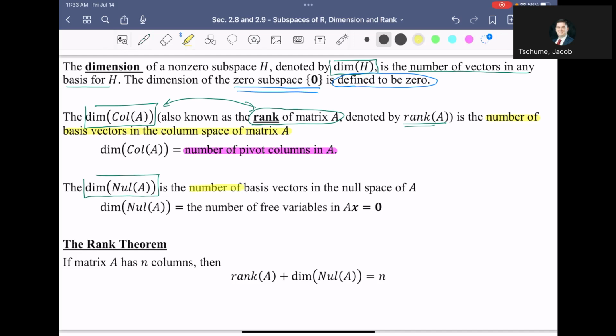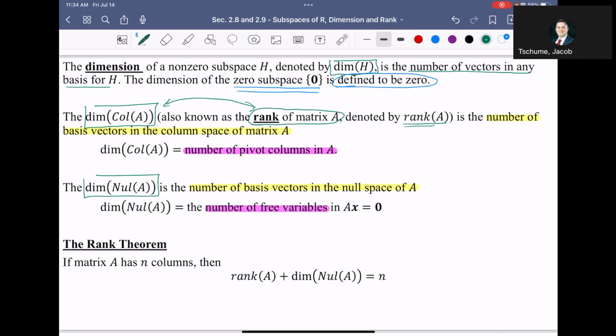Instead, this is just the number of basis vectors in the null space of A, which if you're looking for a way to check your answer, it should be the number of free variables that you find in your homogeneous matrix equation.